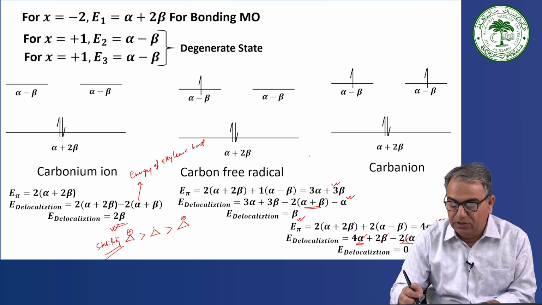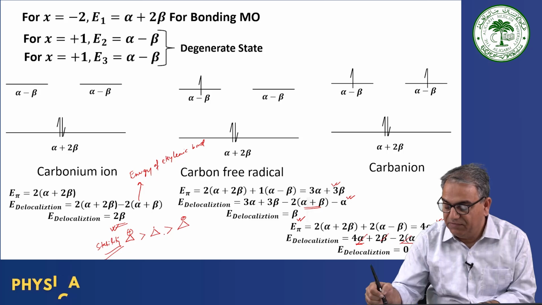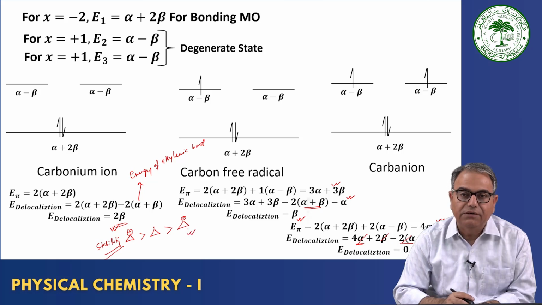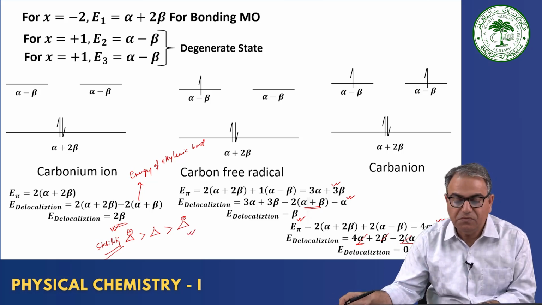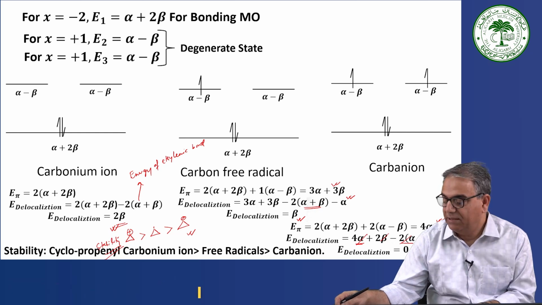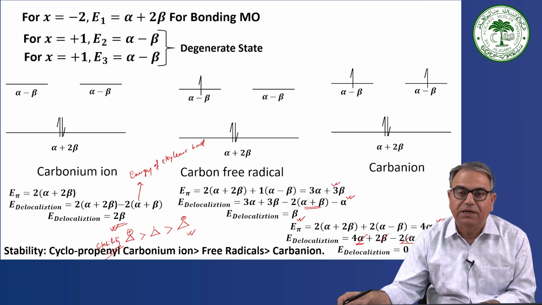The delocalization energy for the carbon free radical is beta, so it will be less stable, and the carbanion has zero delocalization energy, so it will be the least stable. Okay, so the cyclopropenyl carbonium ion is more stable than the free radical, which is more stable than the carbanion. The stability of these intermediates we can predict from HMO energy calculations.